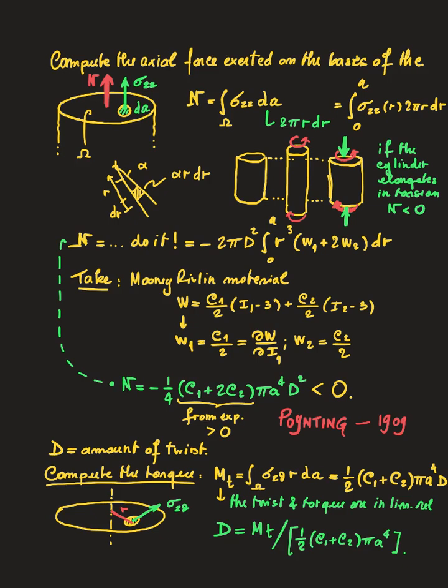So you can also think of the concepts that I've given in this lecture as a tool to reconstruct the material parameters, for example C1 and C2, through torsion experiments. Take a little piece of material, you put it into a machine that does torsion and at the same time can control axial force. You measure the axial force, you measure the torsion, and you can deduce the two constants.